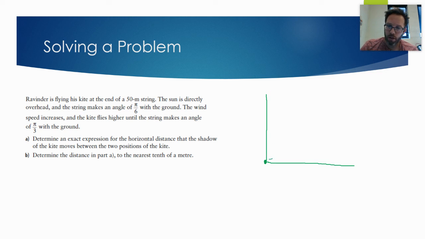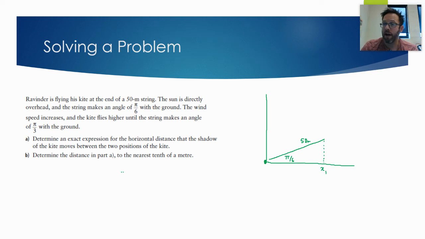Initially, our kite was at an angle of pi over 6 radians, so like 30 degrees. And the string length was 50 meters. And the shadow would have been, if we start at the origin, then this point here, I'm going to call this x1. Then the shadow is x1 meters long.